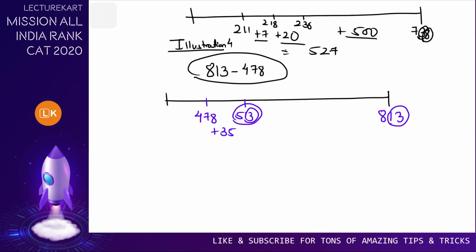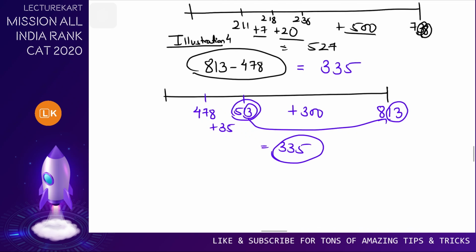We are matching 13, the tens and the units place, and now it's an easier number through which we can reach 813. So we can just add 300. 300 plus 35, that will be 335. That will be the answer to 813 minus 478, 335.